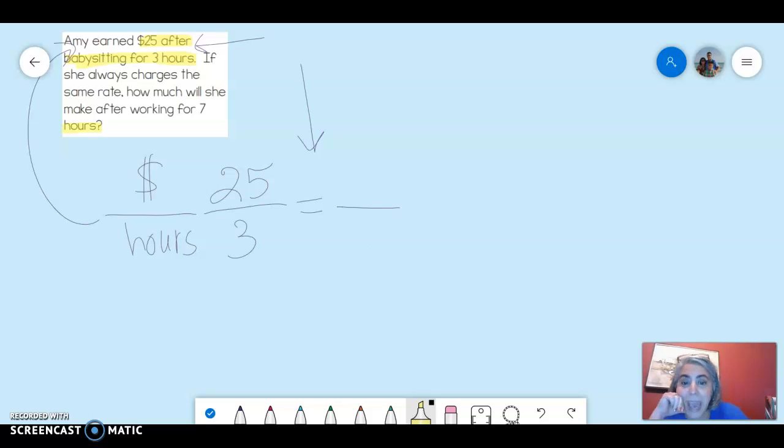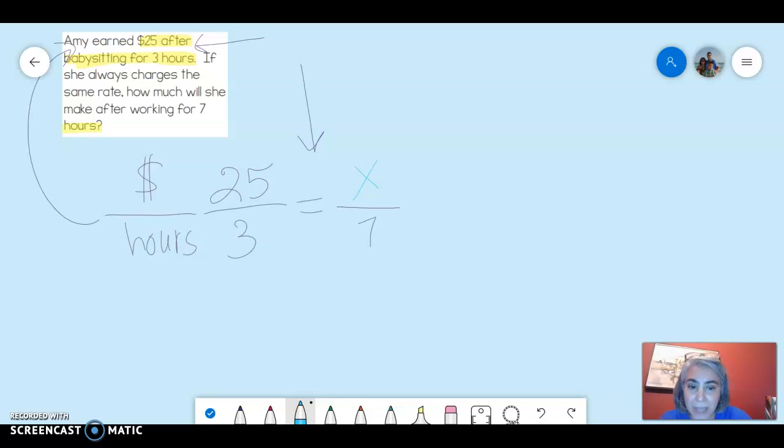So it gives me hours. If I was in class, you would all be saying, put the 7 in the denominator, in the hours. So I'm going to go ahead and do that for you. There's my 7. And I have this missing piece up here in the numerator, and as you've learned in class, we would put an x. It's our missing piece.